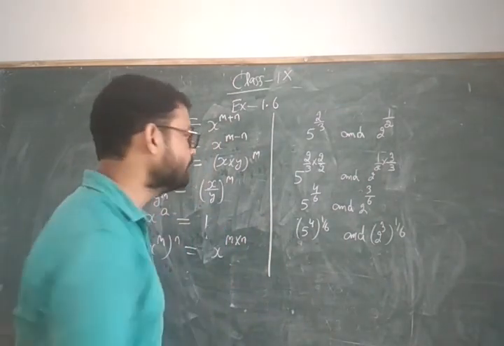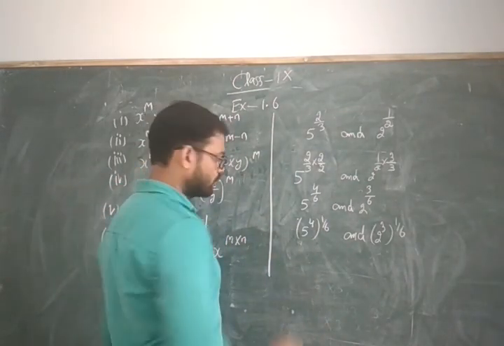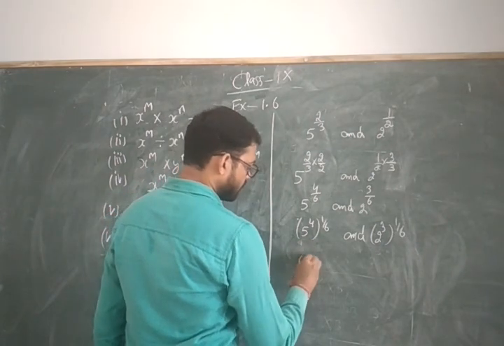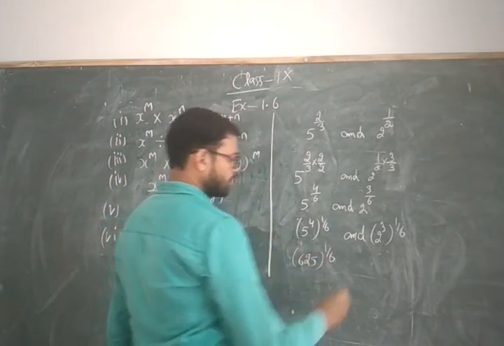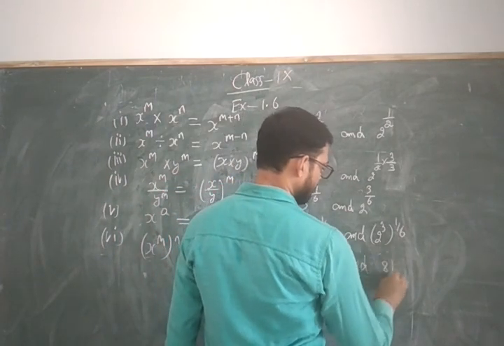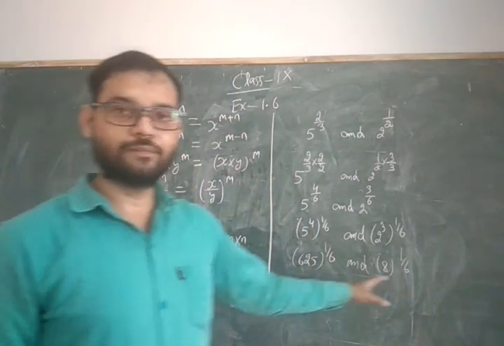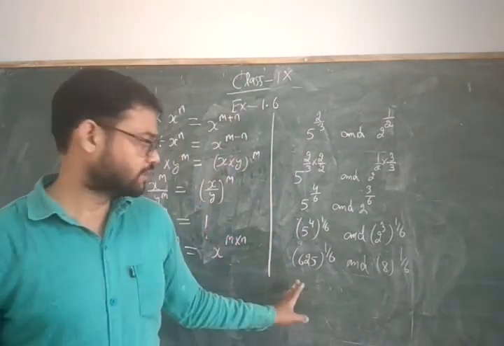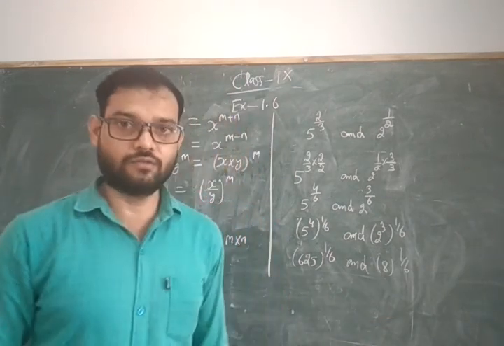Then 5 raised to power 4 is 625, raised to power 1 upon 6, and here 2 raised to power 3 becomes 8, and 1 upon 6. Now you can easily compare both of them, which is greater or smaller or whether they are equal or not.